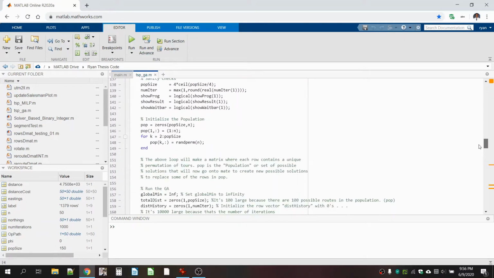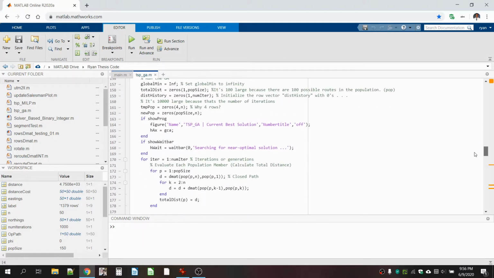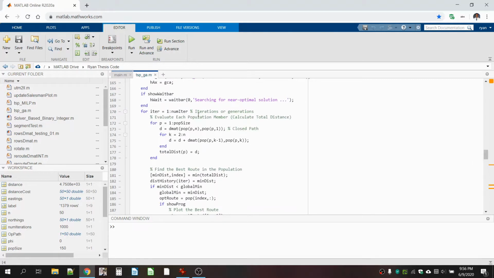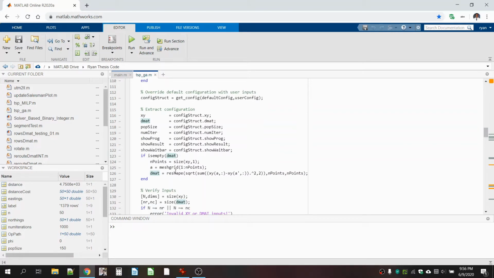As you scroll down, okay, it's up here. DMAT is what the author of this code called a matrix to describe the distance between every single point considered in the traveling salesman problem.